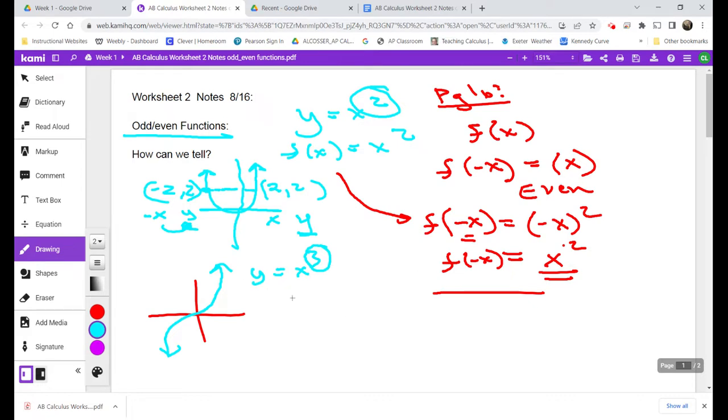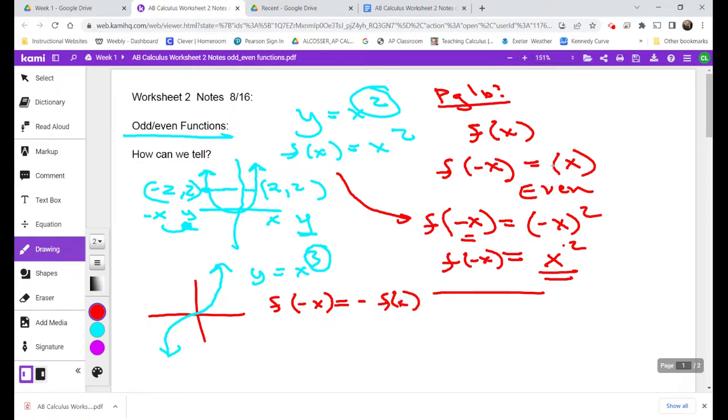So let's prove that this is odd. For it to be odd, let me go back to red. For it to be odd, I have to be able to plug in a negative x, and what I get out is the negative function of x.